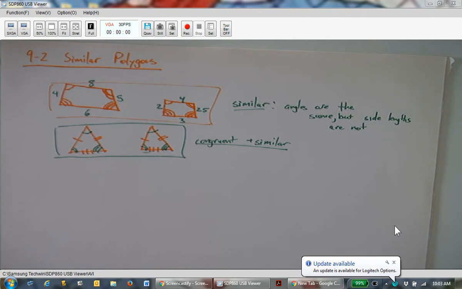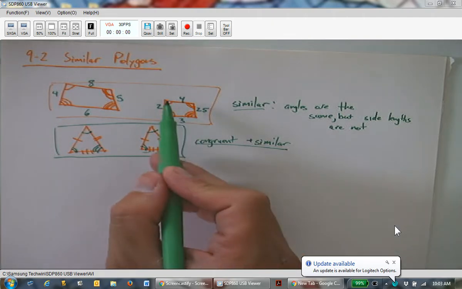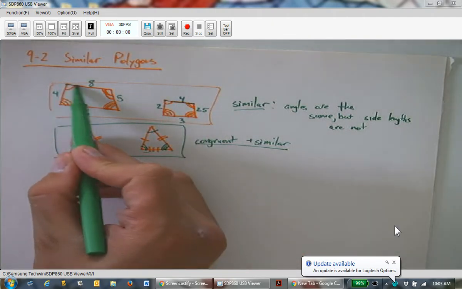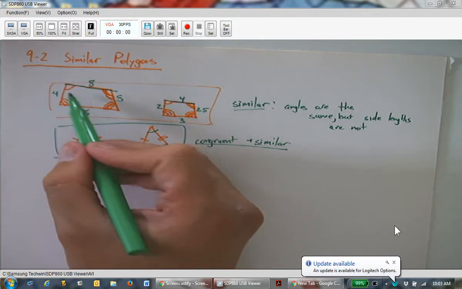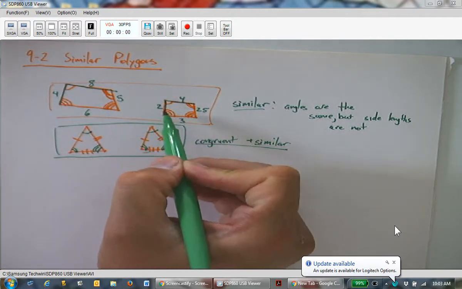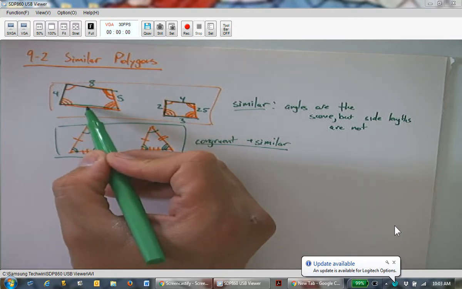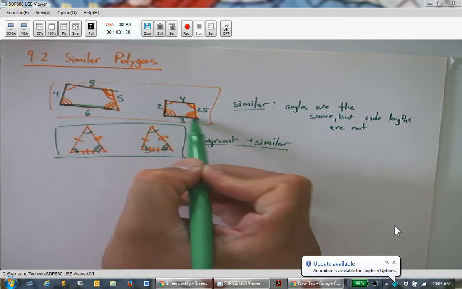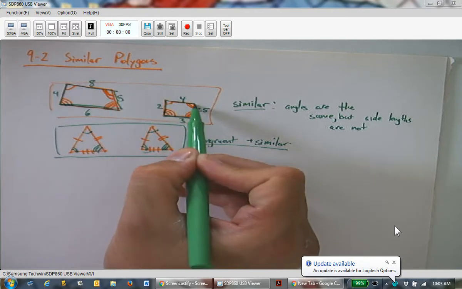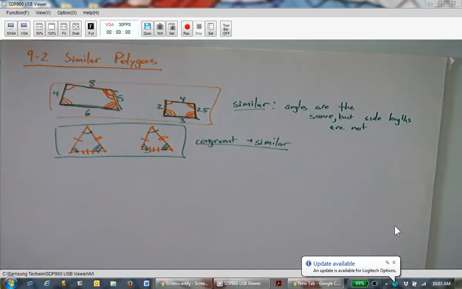Let's use a more general term. They're not just half, but what do we say if they're all in this kind of ratio? 8 to 4, 4 to 2, 6 to 3. These are all the corresponding sides. So this side corresponds to this side, and this side seems to correspond with this side. Yeah, Yusuf.